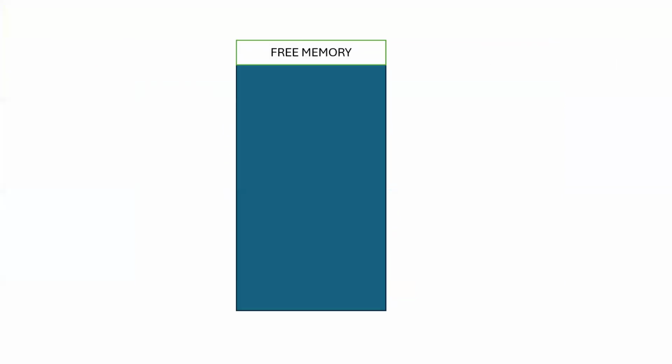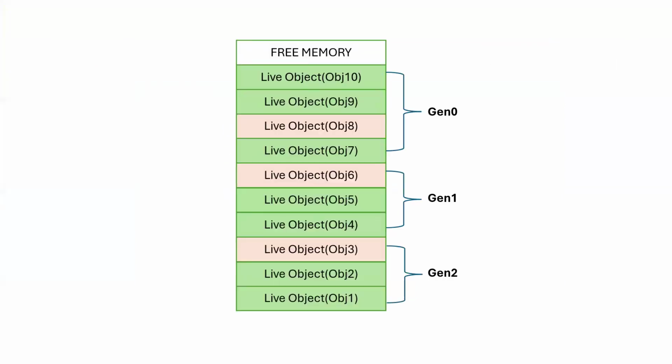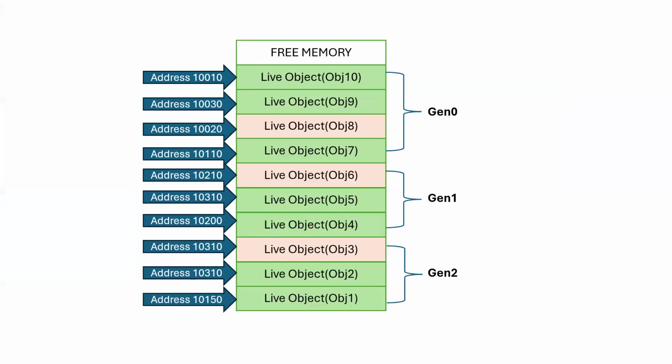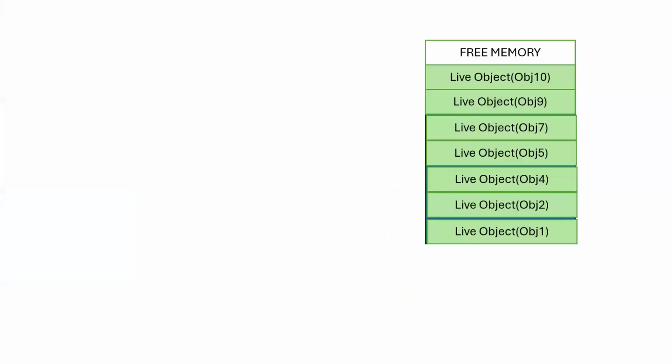So if you look at this, this is the existing one. And now these objects are not frequently used: object 3, 6, 8. Then it is going to compact or relocate the objects after removing unused objects.